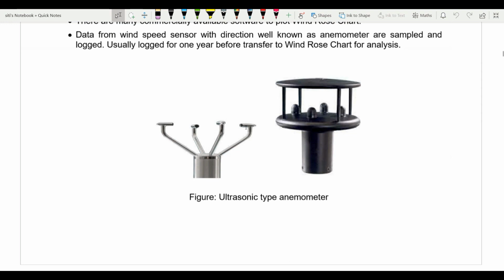This anemometer can measure the wind speed up to 60 meter per second and can measure 360-degree wind direction. It also has a low startup speed. These 4 transducers alternately send and receive ultrasonic pulses to each other.